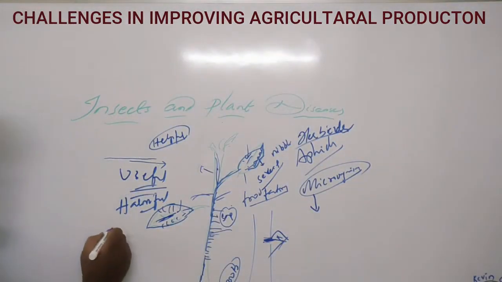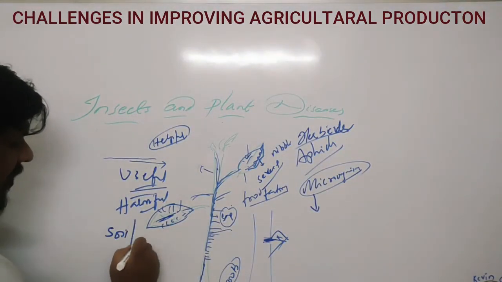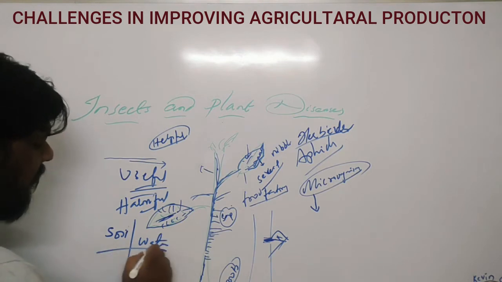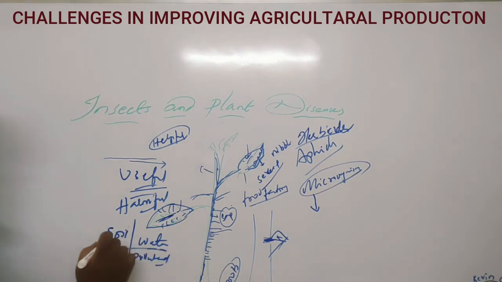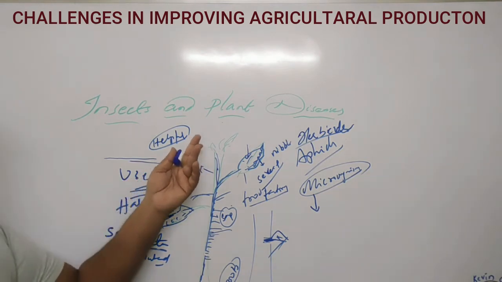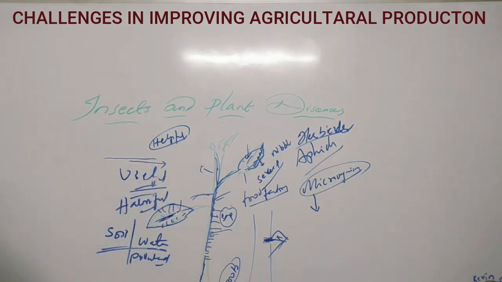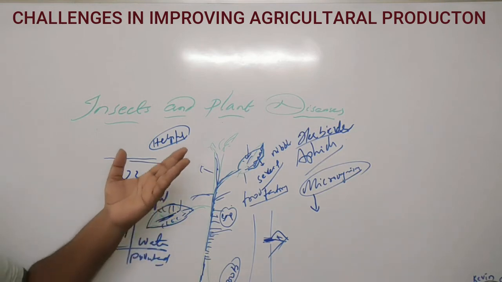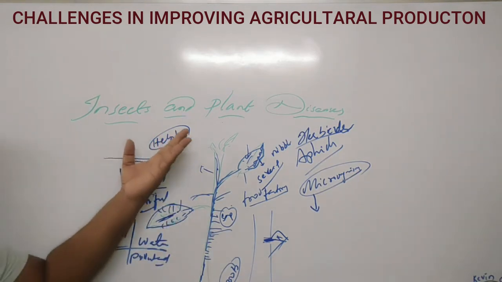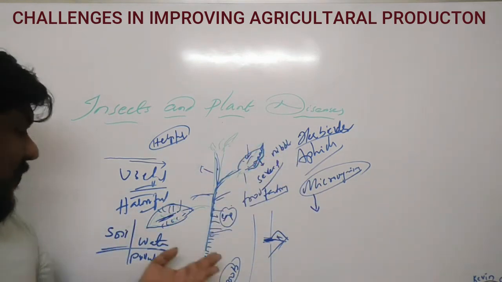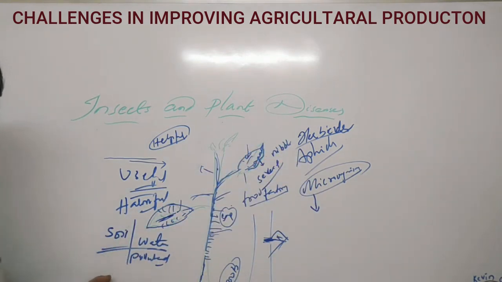So soil and water both are getting polluted because of using all the bactericides, fungicides, and herbicides. So that is how we should not do this, right? We will definitely get a crop, but the water will be polluted, and at the same time the soil also will be polluted.